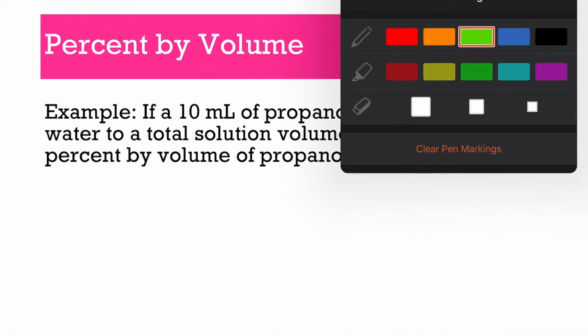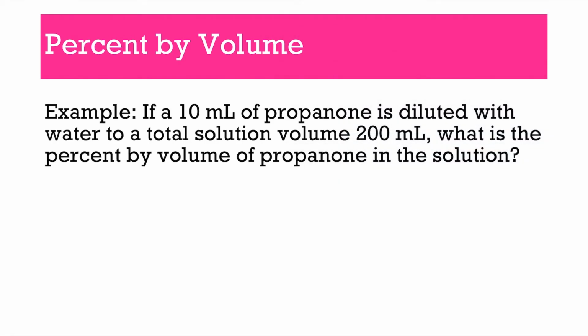Sometimes we have to figure that out. So let's look at this question again, but in a slightly more complicated way. Let's say it was diluted with 190 milliliters of water. What's the percent by volume? Again, our volume of solute is 10.